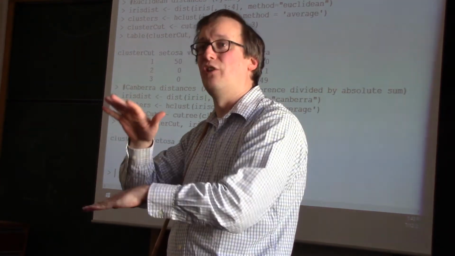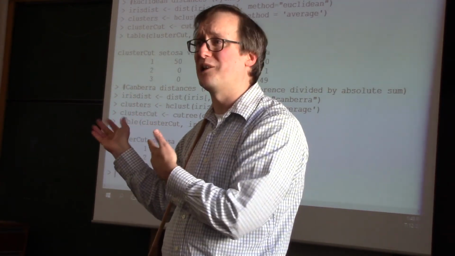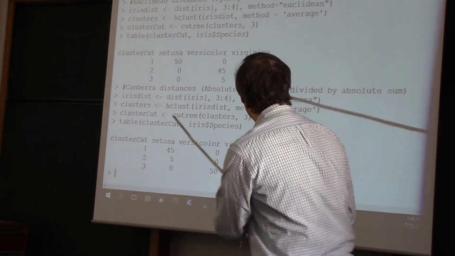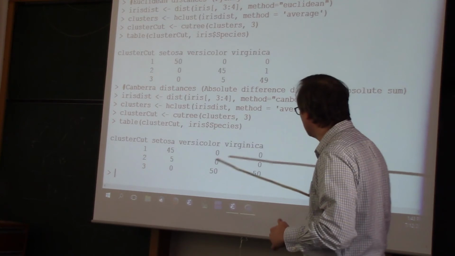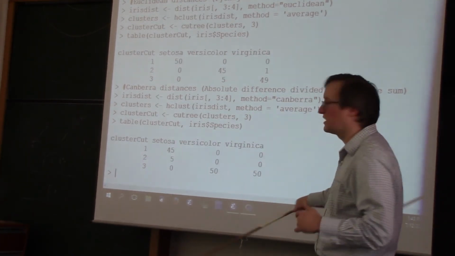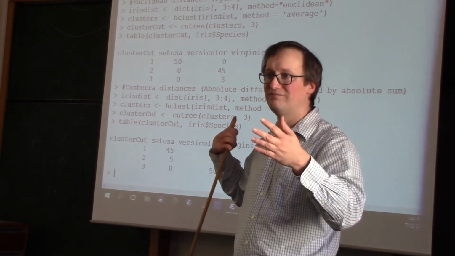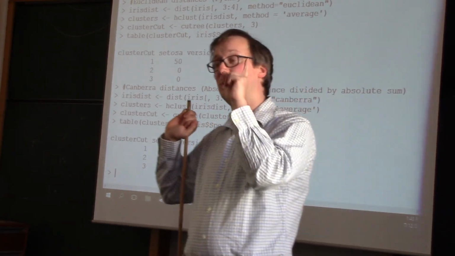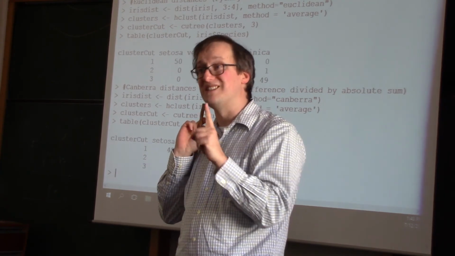On a log scale, that's apparent. On the linear scale we've been plotting, it doesn't show up quite as well. So in this case, going to Canberra has forced this clustering software to chop apart Setosa, whereas calling versicolor and virginica identical. So you get different results depending on which metrics you apply for computing distances.